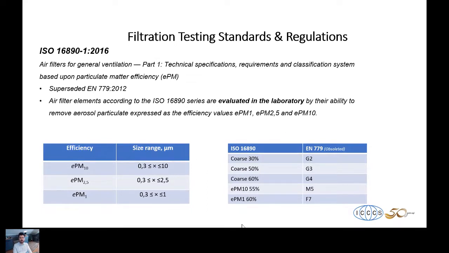This is air filter for general filtration, part 1, technical specifications, requirements and classification system based upon particulate matter efficiency. And this superseded EN 779, which was published in 2012 and replaced with these new ISO standards.